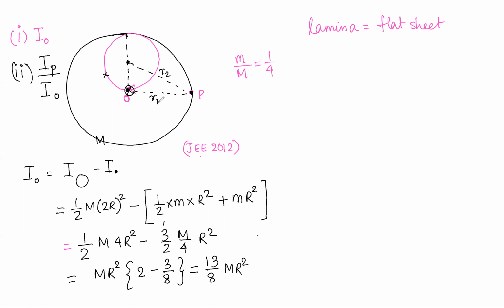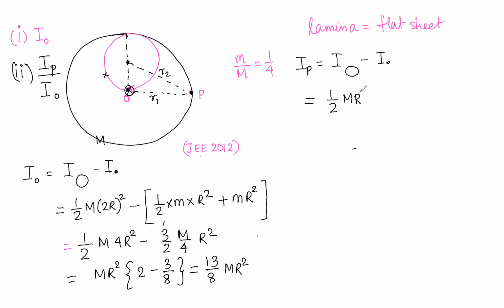Now you want me to find the moment of inertia about P. So the moment of inertia about P, IP, is equal to the moment of inertia of the bigger disk minus the moment of inertia of the smaller disk. The moment of inertia of the bigger disk is usually half MR squared. It's a disk, so it is half MR squared.